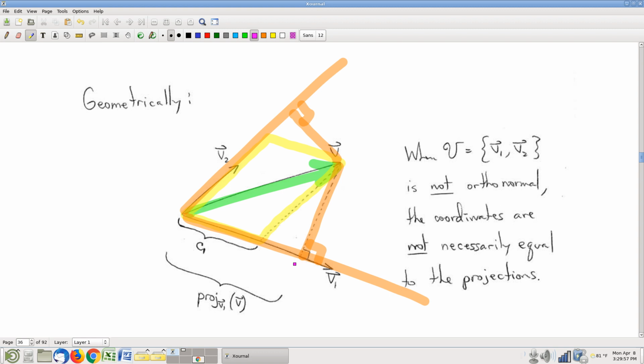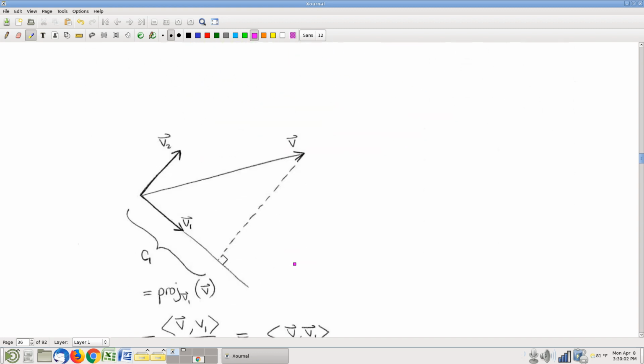All right. Now, let me give you reasonably good intuition as to why that is. Here's what it would look like if we actually did have an orthonormal basis. Notice, importantly, this vector here. The parallelogram that you would draw to try to understand the coordinates is a rectangle now.